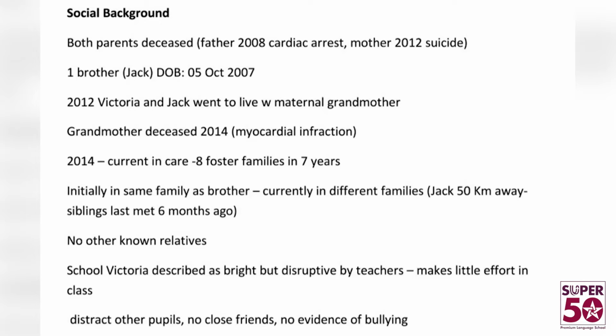No other known relatives. About her academic information, at school Victoria is described as bright but disruptive to the teachers. She makes little effort and even distracts other pupils. No close friends, no evidence of bullying. She used to enjoy sporting activities, particularly swimming, but is no longer involved in sports.